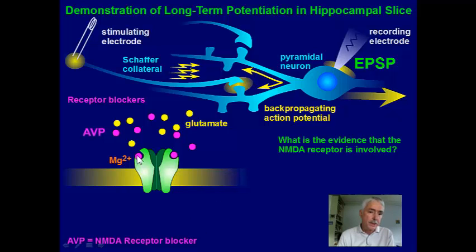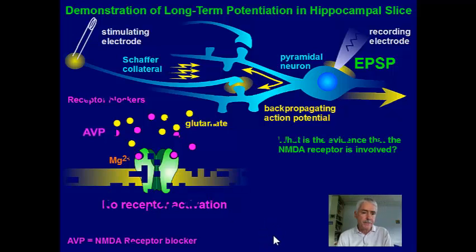Only glutamate can activate it. Thus this is called a receptor blocker. So no receptor activation in the presence of APV, if it's of course in high enough concentration that it's competing highly successfully with the glutamate for the binding sites.